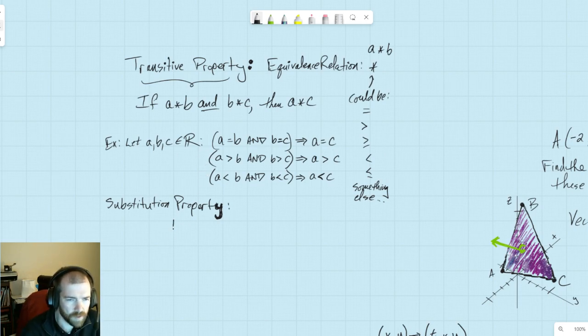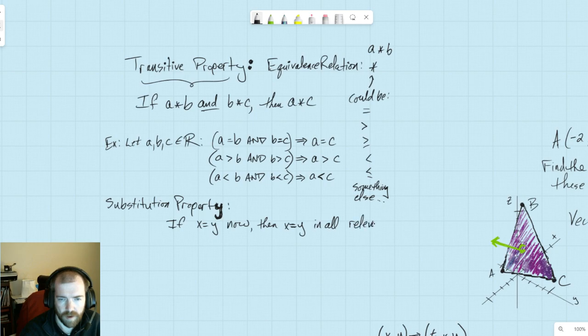So substitution property is saying that if x equals y now, then x equals y in all relevant relations.